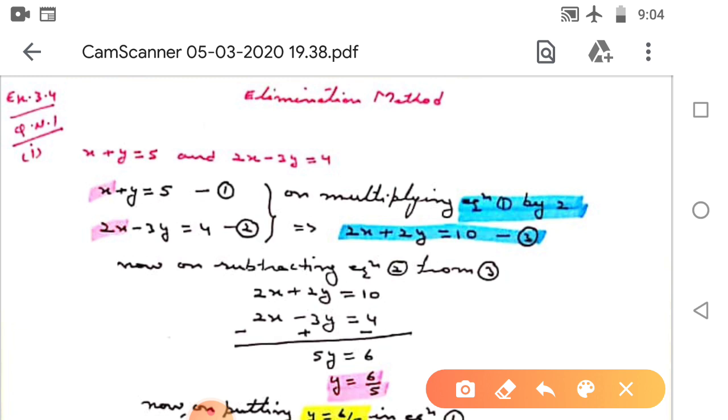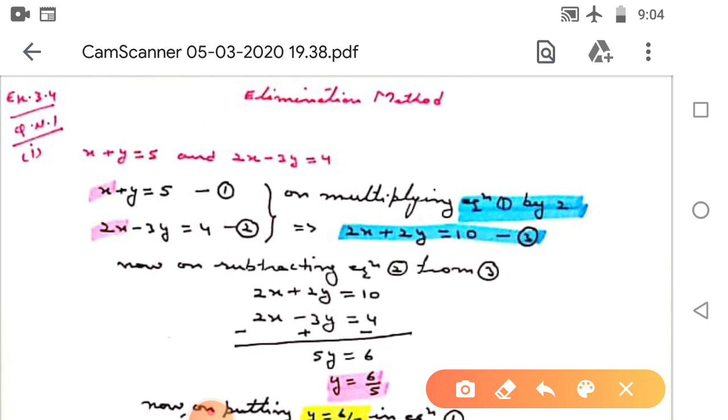In elimination method, as you know, we equate the coefficient of one of the variables by multiplying one or both of the equations, converting them into one variable, and then solve further.